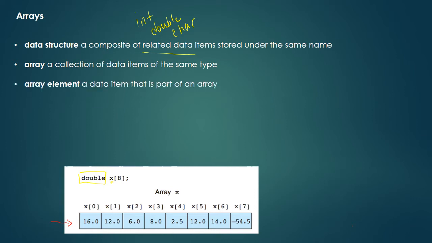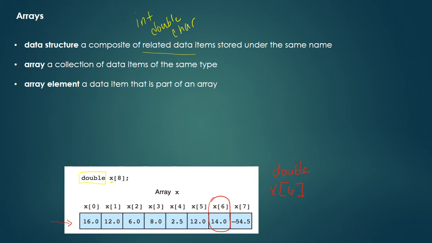An array element is actually one element in the array. So right here, this is an array of type double, and this is one element in the array. X at index 6 is a double. Anything I can do with a double, I can do with one element in my array. The value of that is 14.6.